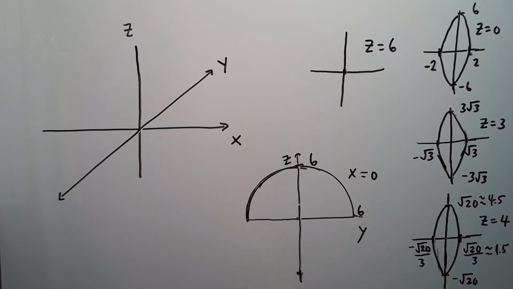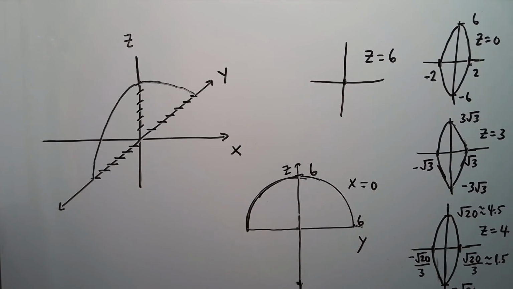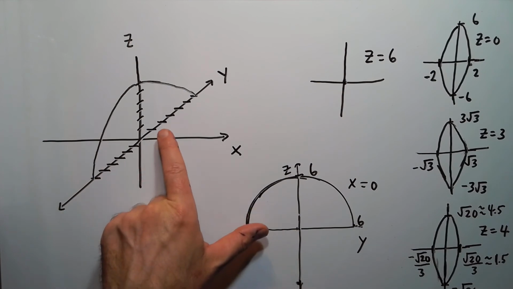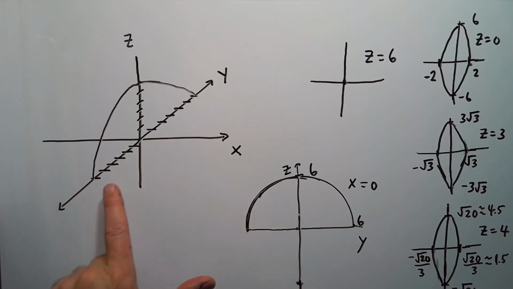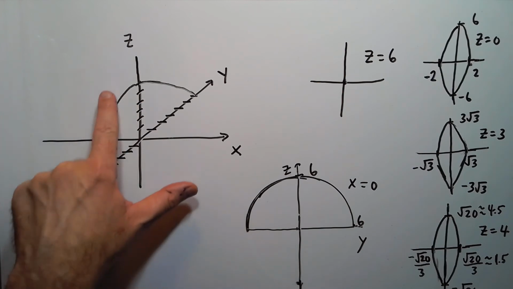Okay, so we're going to use these as a guide now to try and graph the three-dimensional surface. So let's first put this guy over here. So it's the half circle in the z, y plane of radius 6. Let me draw that. So drawing this guy then over here, it'd be 6 units here, 1, 2, 3, 4, 5, 6, 6 back that way, 6 up that way, and then here.